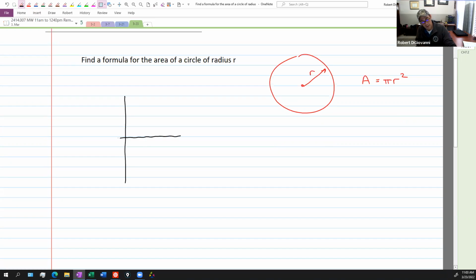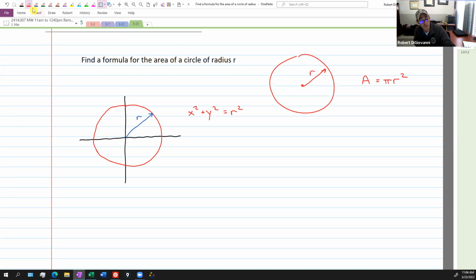So the way I'm going to go about this is I'm first going to remind you that if you have a circle centered at the origin, gosh, my circle's terrible, and it has a radius of r, the equation of that circle is x squared plus y squared equals r squared. That would probably be a college algebra or pre-calculus topic.